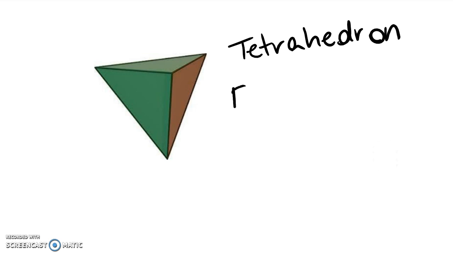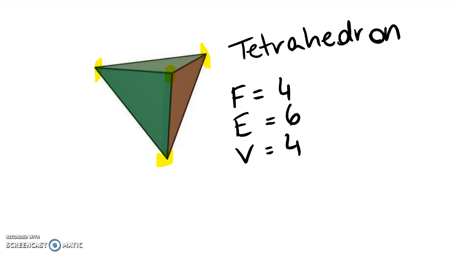Tetrahedron has 4 faces, it has 6 edges, and 4 vertices. So the vertices are the points. You can see them there. Okay, each face of a tetrahedron is a regular triangle.